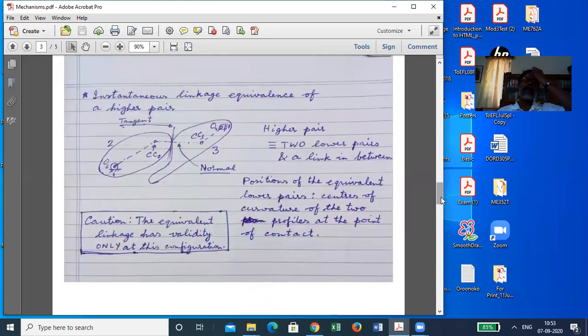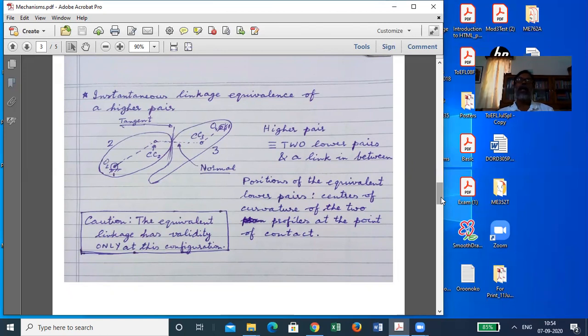Sometimes it happens that we have a higher pair mechanism, but we would love to consider part of its analysis in the vein of, or in the context of, a linkage mechanism, a lower pair mechanism, for which the geometrical relationships are very straightforward and cute.